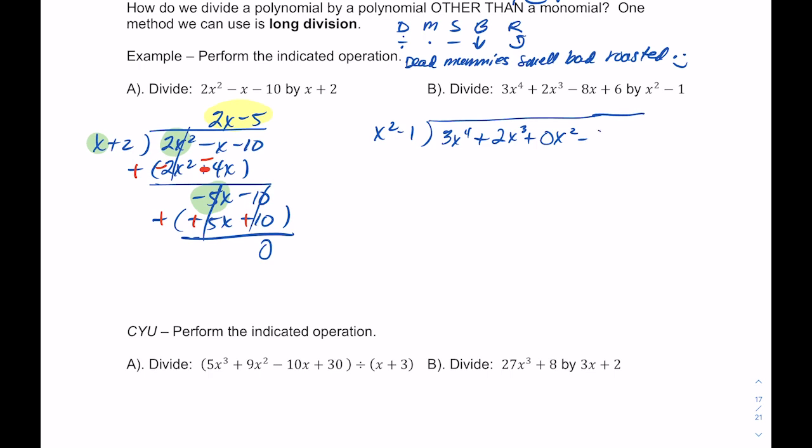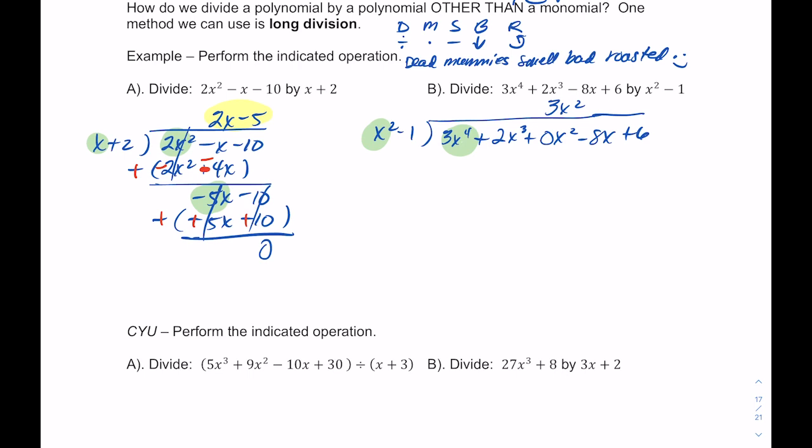And then I have minus 8x plus 6. And now you're going to start the process. So we're going to divide the first term by the first term. 3x to the fourth divided by x squared is 3x squared. So do you see how if that 0x squared wasn't there, it wouldn't line up? Everything needs to line up. So x's need to line up, x squareds need to line up, constants need to line up.